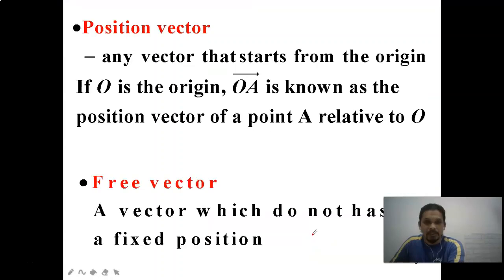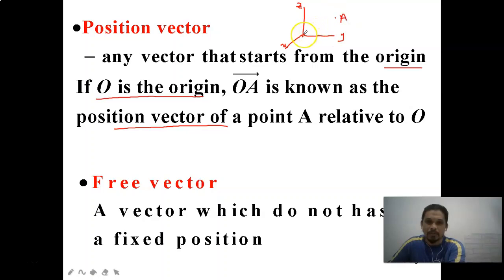And position vector: any vector that starts from the origin 0. OA is known as the position vector of the point A relative to 0. This means that, for example, in 3 dimensions with X, Y, and Z, this is the origin point 0, 0, 0 to any point A here.